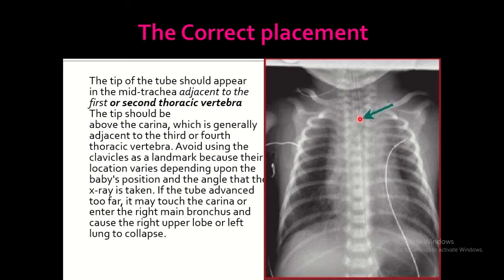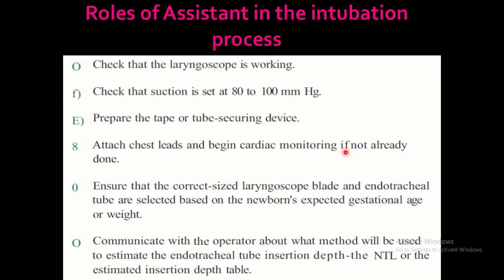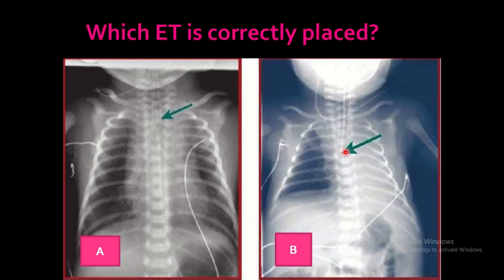It will cause the left lung to collapse, as in the second picture. In the second picture, the tip of the endotracheal tube exceeds the first and second vertebra. It is almost at the fourth, and this is too far. Left lung collapse.